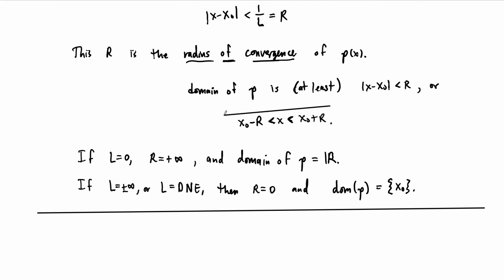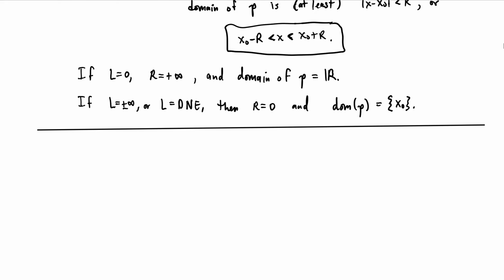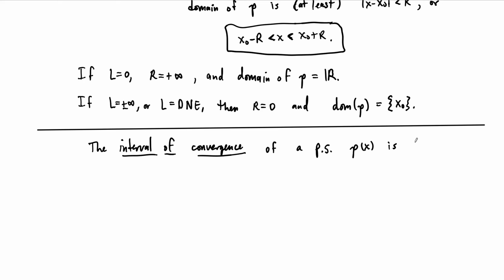The domain looks like this: x naught minus R to x naught plus R. This is called our interval of convergence, but it's not exactly the whole story. Okay, so the interval of convergence of a power series P of x, all right, it's this interval.